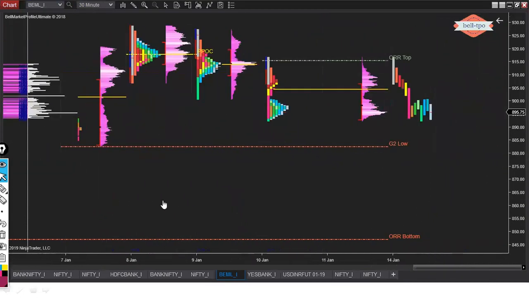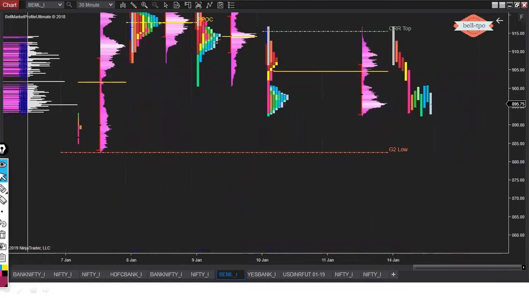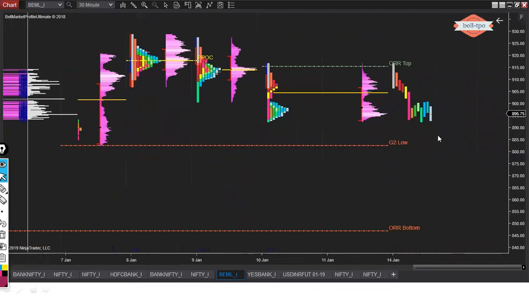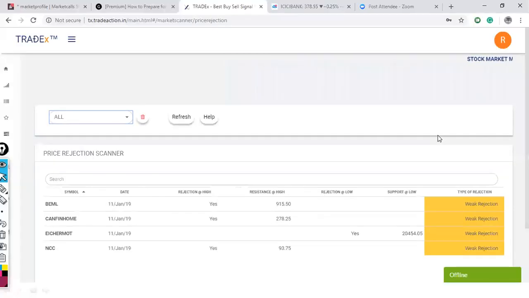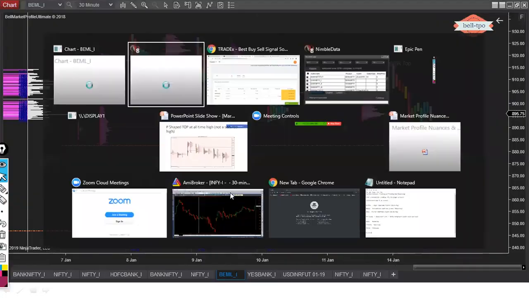For BEML, there is no rejection there. I'm not sure what kind of rejection happened over there. What else is there? Canfin Home. Let me check out Canfin Home.